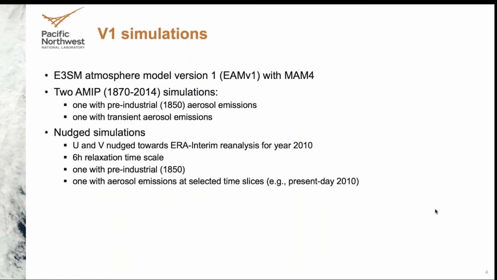Only wind is nudged, and the relaxation time scale is 6 hours. For the nudged simulations, I also have a pre-industrial run, and the other run with aerosol emissions, where I selected time slices. For example, I can have present day emission data as input, and also I can choose, say, year 1970 to look at the aerosol peak in the West European countries.